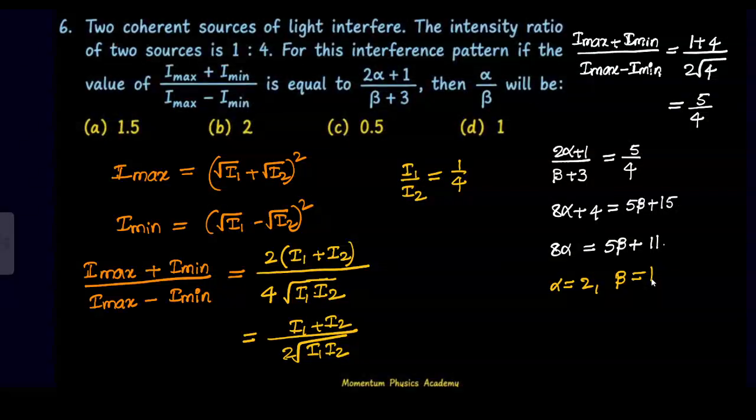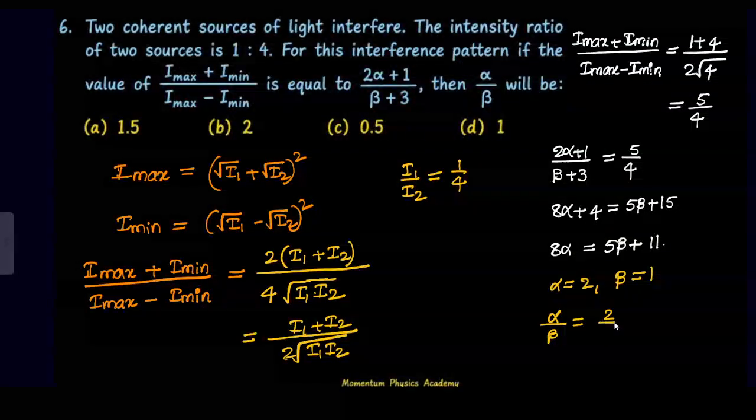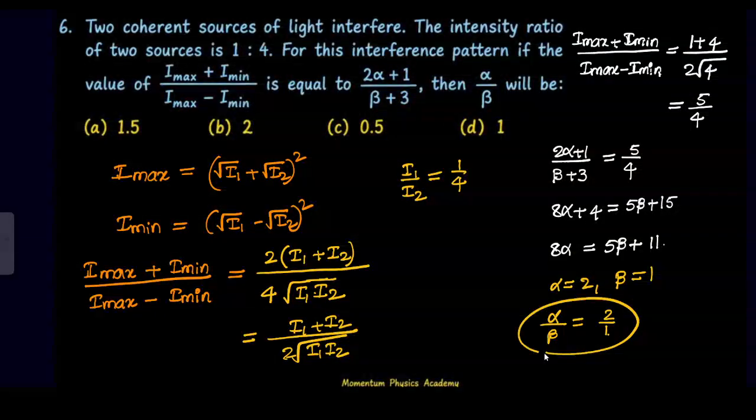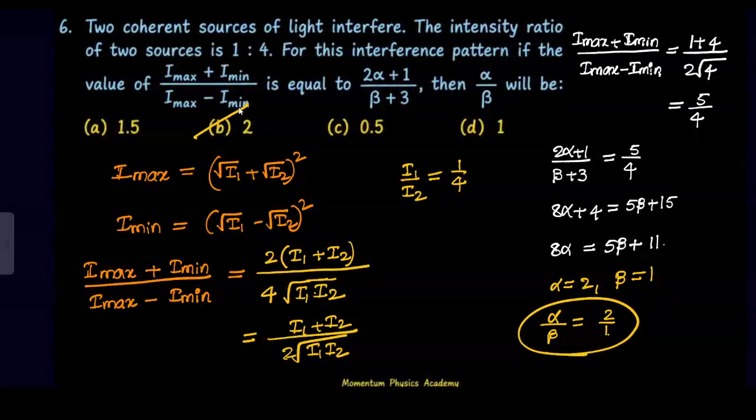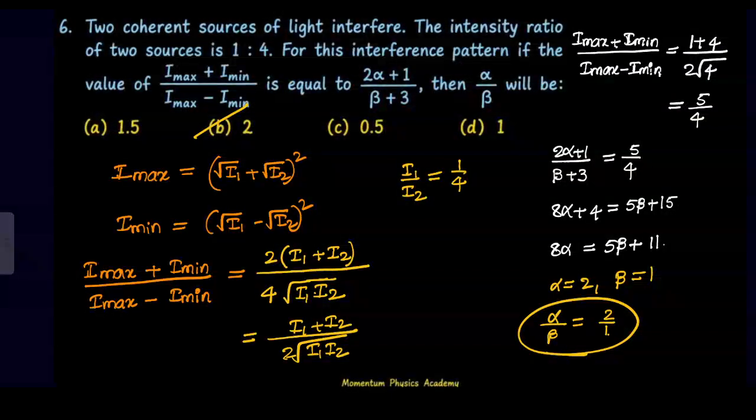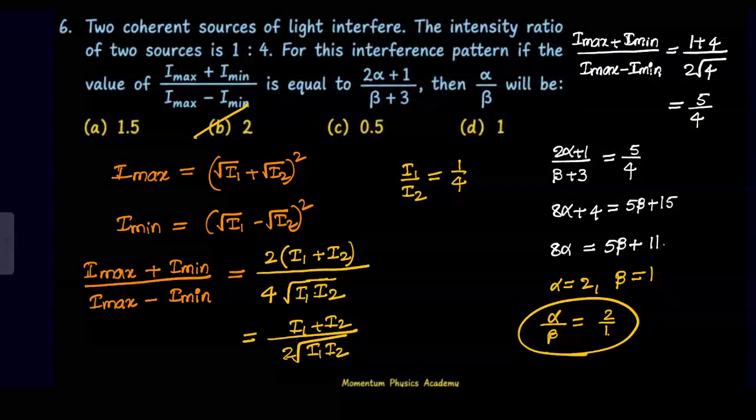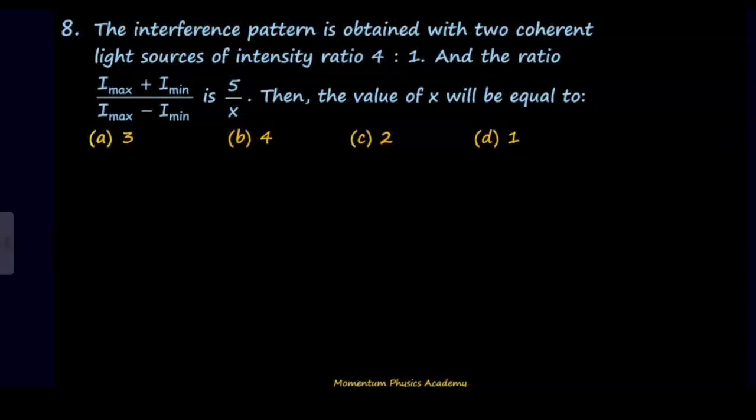Yes, it will satisfy. So left side is 16, and right side is 16. So alpha by beta should be equal to 2 by 1. Here only verification is helpful. Next one, similar type of problem. Now do this thing.